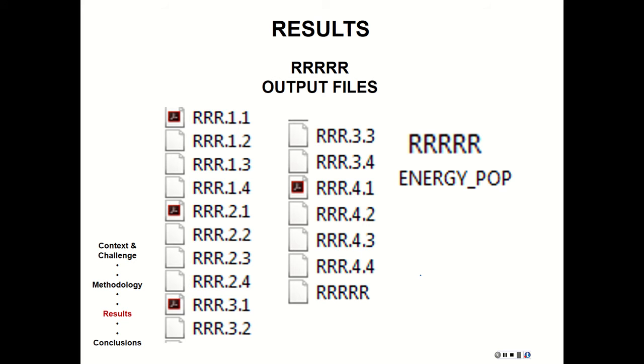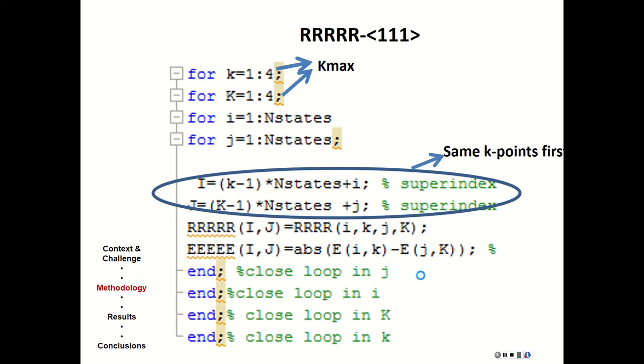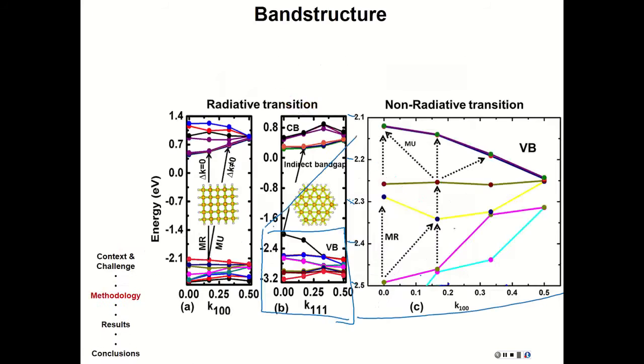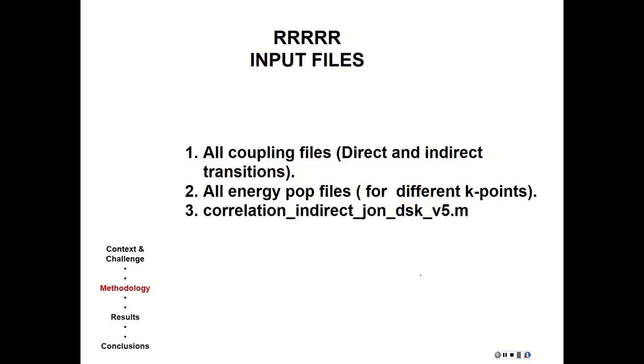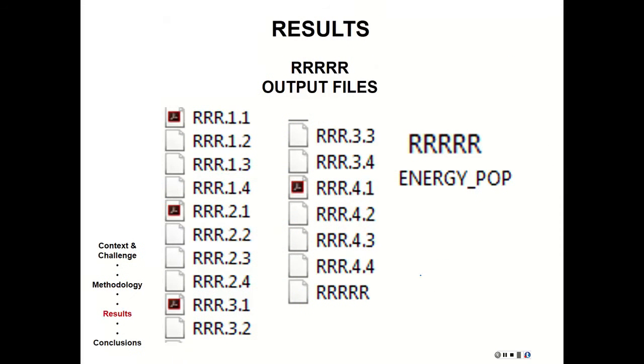And this figure was about how the states are arranged in this one. So finally we have this energy pop and this super rate field tensor.